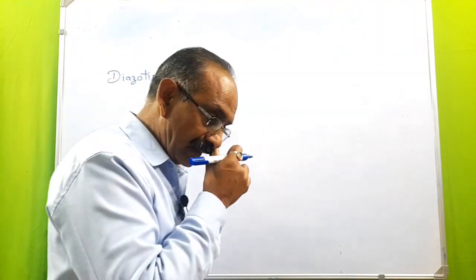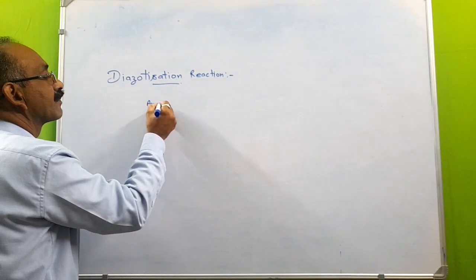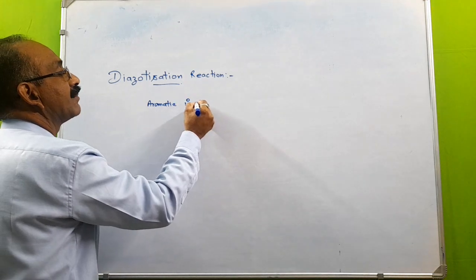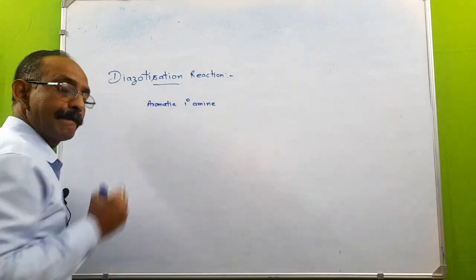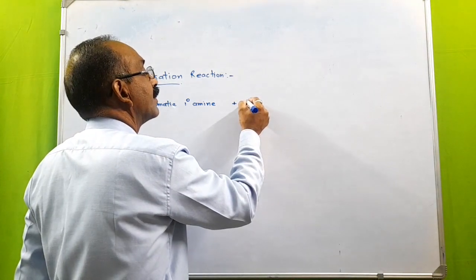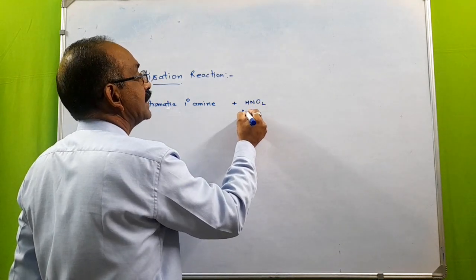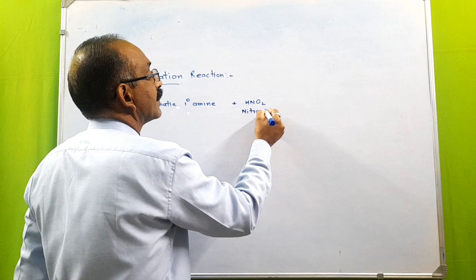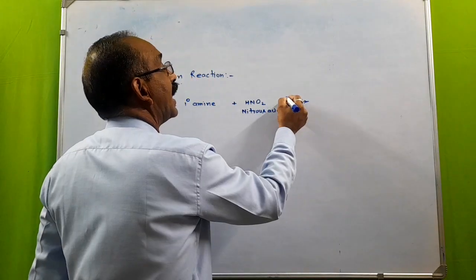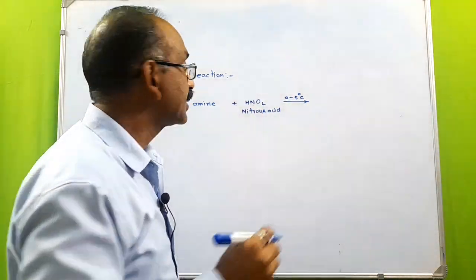See what happens when aromatic primary amines are treated with HNO2, means nitrous acid, at 0 to 5 degrees Celsius temperature.